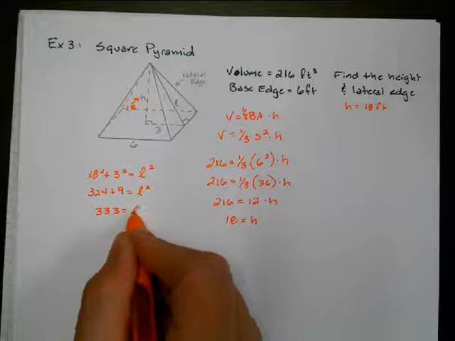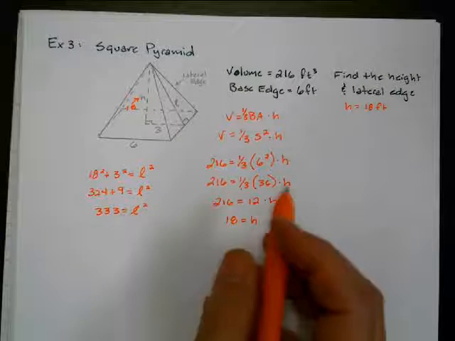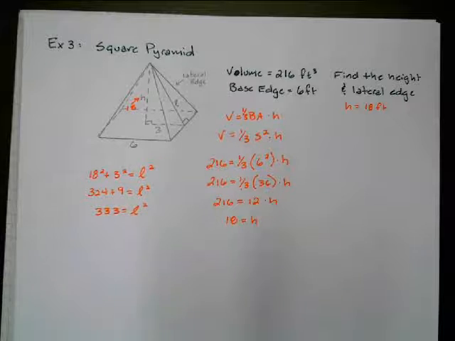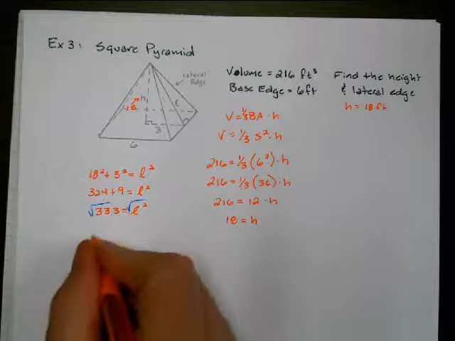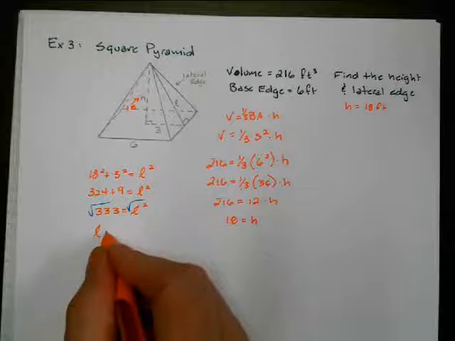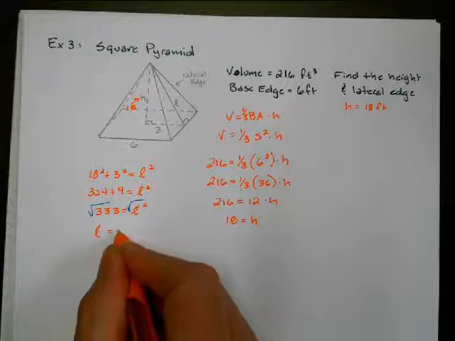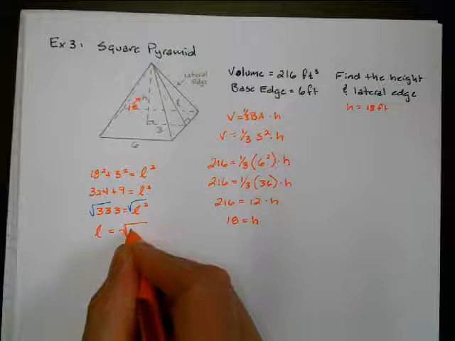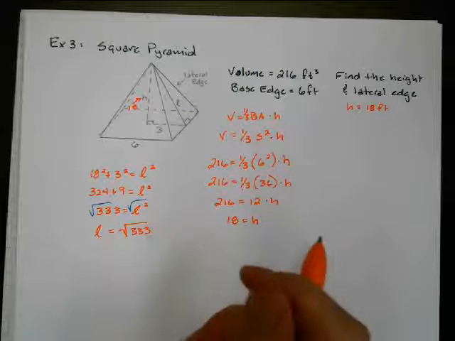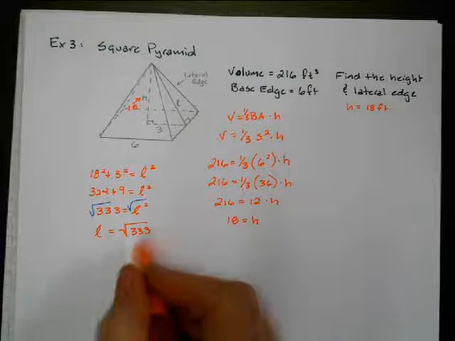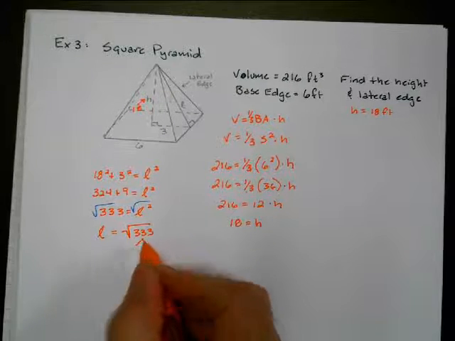Okay, then I'd take the square root from both sides. And I'd get that the slant height is just going to be the square root of 333. No, 9 goes in there. 3 goes in there 111 times.